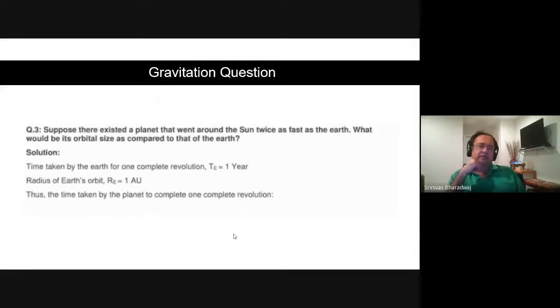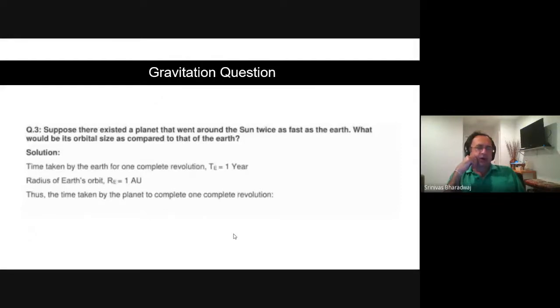What would be the orbital size if T is halved? If T becomes T by 2, then what will happen to the R? The T's will cancel, therefore the R will become root 2.